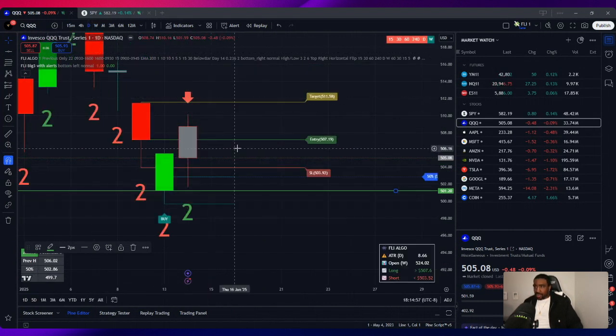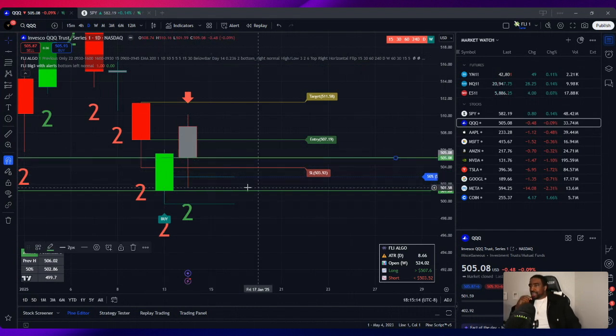Simple as that. But you got to think to yourself, how do I know that QQQ is going to be bullish, and where do I need to enter for calls to make sense? If we get data that the market likes and we're above 505.08, then we're going to get a bullish move.